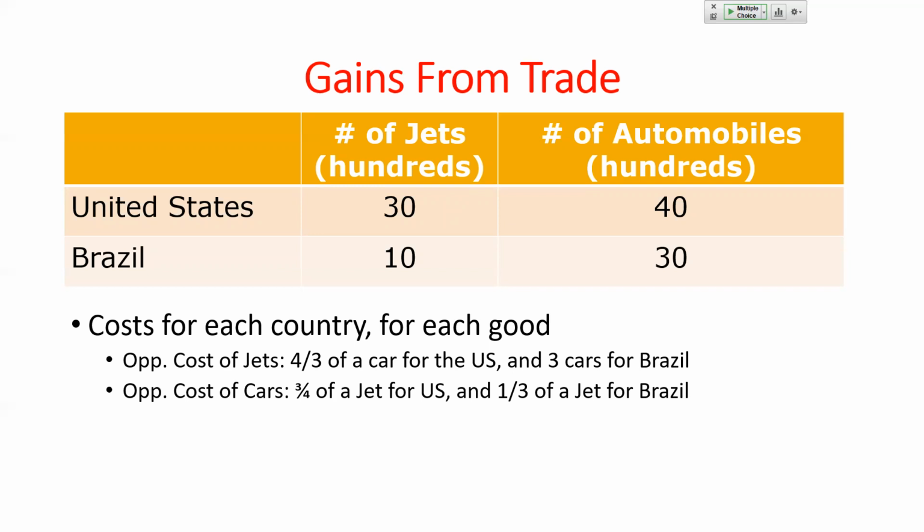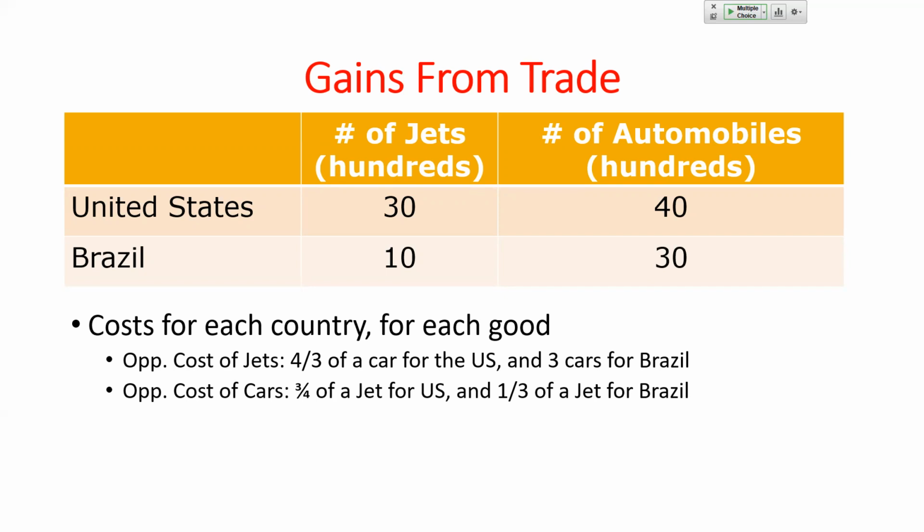For Brazil, is it a good deal? Well, if I want one more jet, Brazil has to give up 3 cars, right? If I think about it here, to get one car, the US is going to give them half a jet.